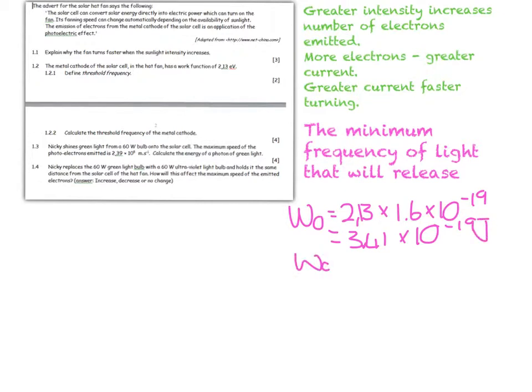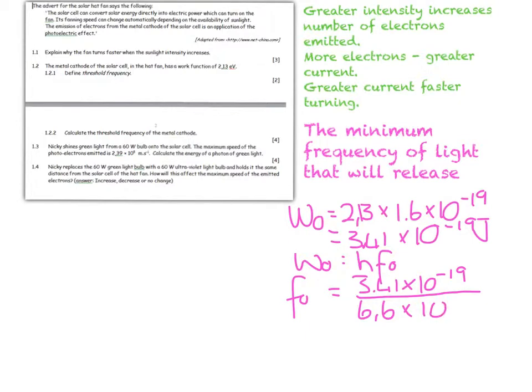The work function is equal to Planck's constant multiplied by the threshold frequency, so the threshold frequency is going to be the work function, 3,41 times 10 to the negative 19, divided by Planck's constant, which is 6,6 times 10 to the negative 34. And that gives you 5,16 times 10 to the 14. Don't forget your unit, hertz.